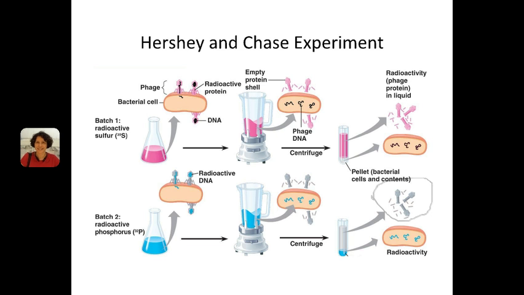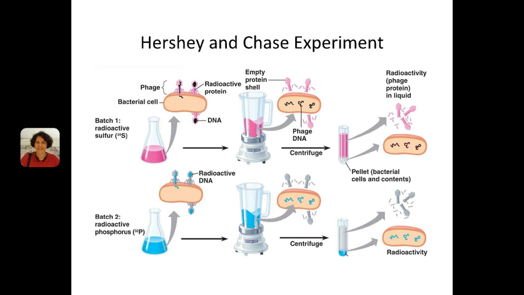On the other hand, when they used P32, they found the label in the pellet associated with the bacterial cells. And the interpretation for that was that exclusively the DNA of the phages was entering the bacterial cells.